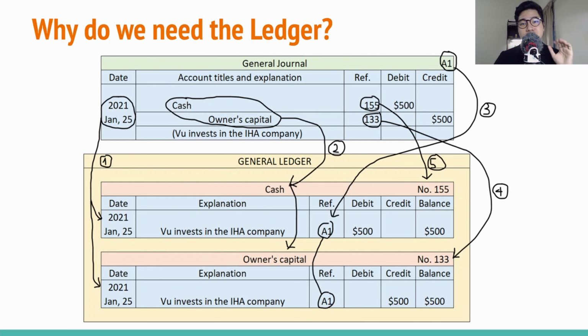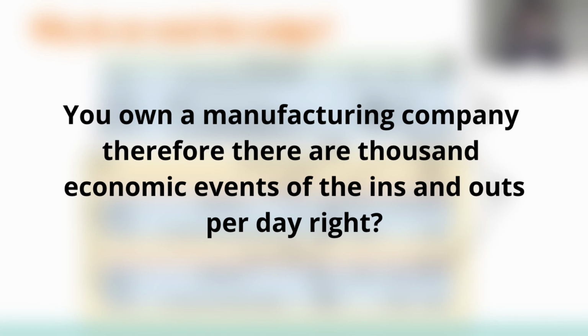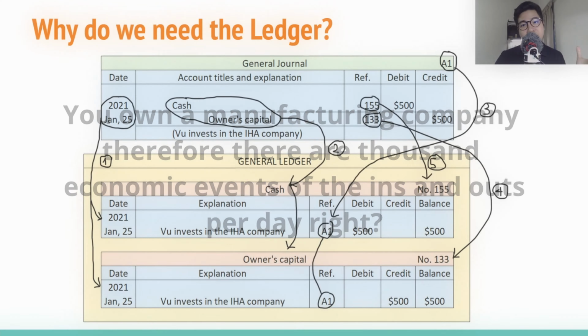Am I right? Now, you might be confused that the ledger might not be as useful and effective as we expected, right? To clarify this thought, let's put an example out there: you own a manufacturing company. There are thousands of economic events, ins and outs, per day, right?